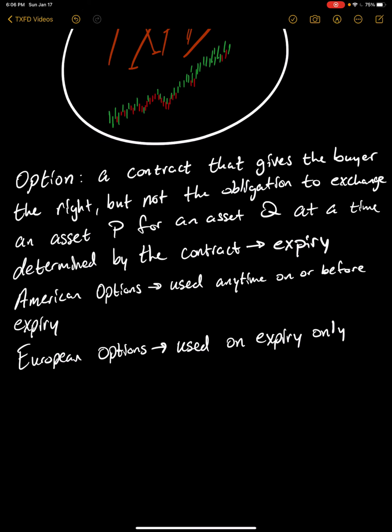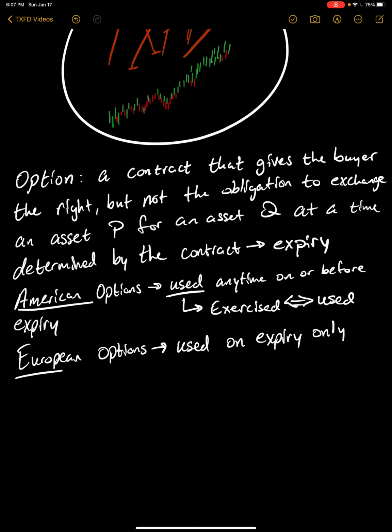There are other extensions of that called Bermudan options, which have special times that you can exercise them. And to exercise it just means what these definitions say: you use them. So exercised and used just mean the same thing.